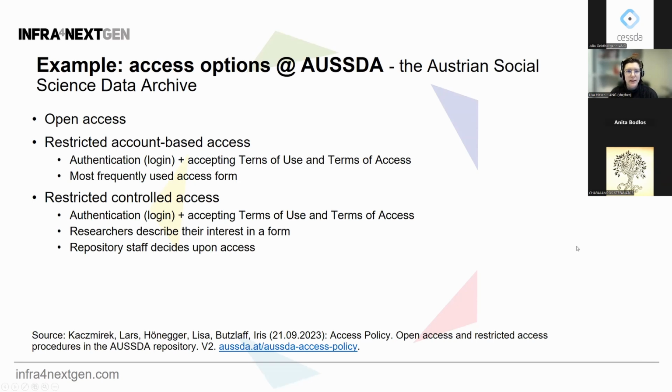And I will briefly describe how we do this at the Austrian Social Science Data Archive, so you have a better hands-on understanding of what different access options actually are. The most open version is the open access option, which means that datasets are available to interested parties without any restrictions.